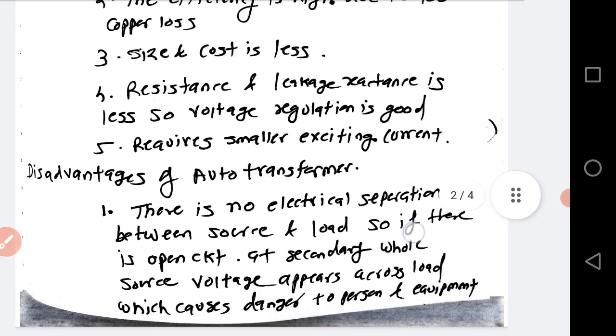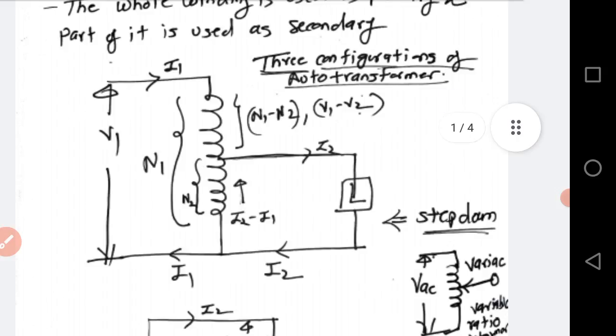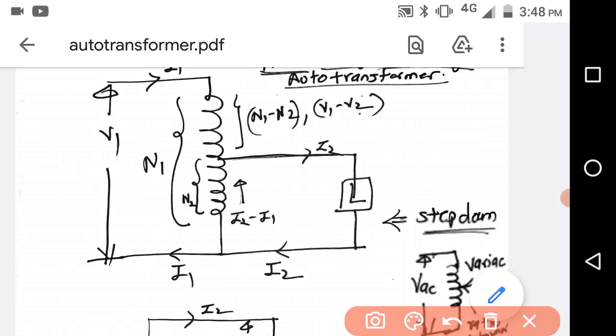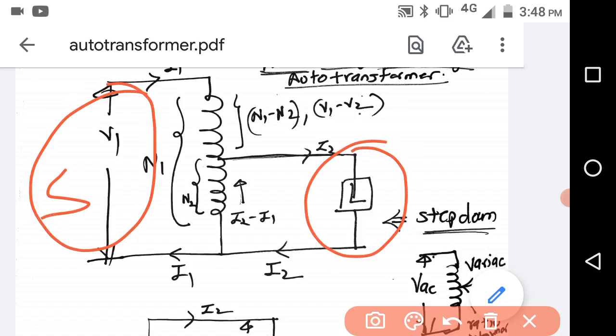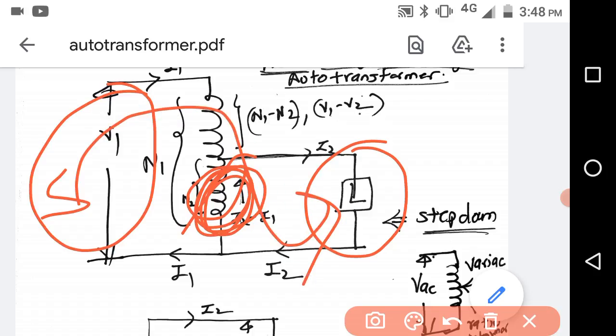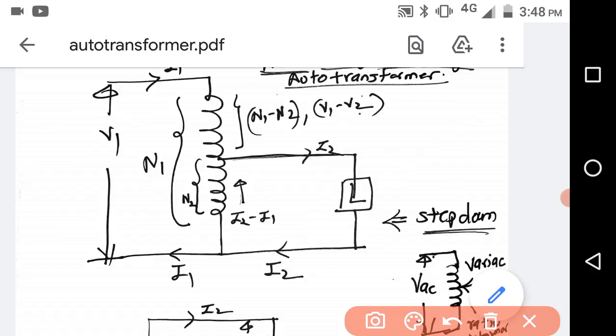What are the disadvantages of auto transformer? The main disadvantage is that there is no isolation between the source and the load. So if this is open, then the total source voltage will go to the load. It will damage the load, and it is dangerous to human beings. Next, as there is a single winding, reactance and resistance are less, so short circuit current is very high in case of an auto transformer.